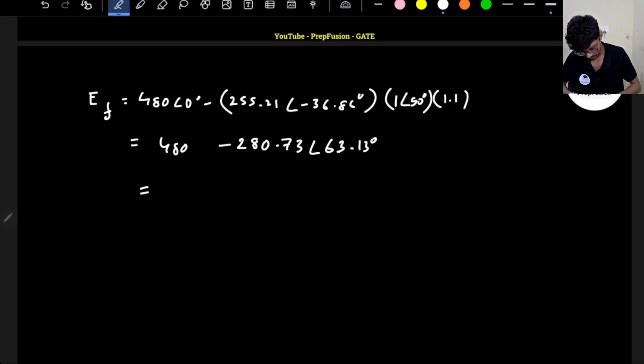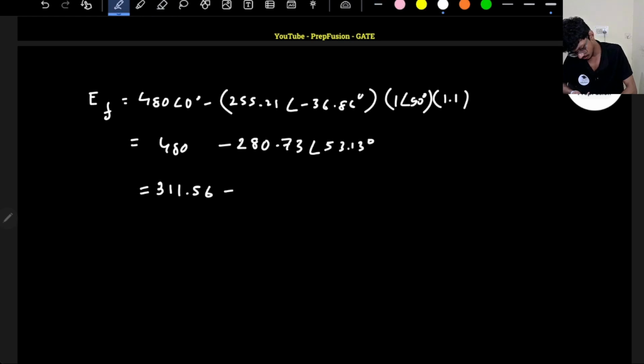This will be 280.73 into cos of 53.13, my bad, not 63. So it will be 168 plus 480, which is 301.56.